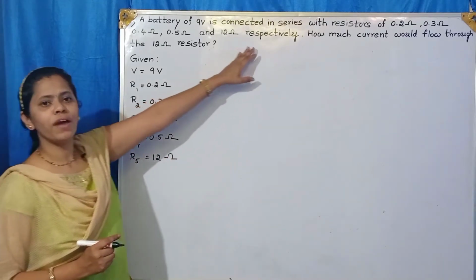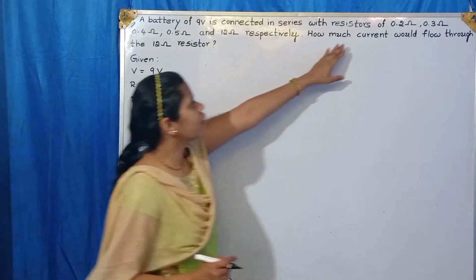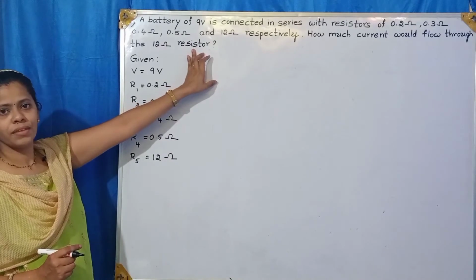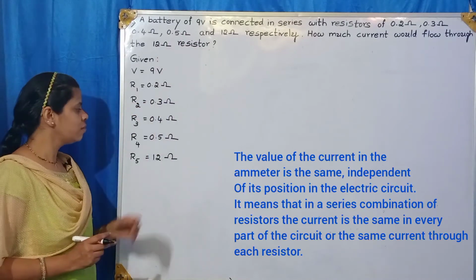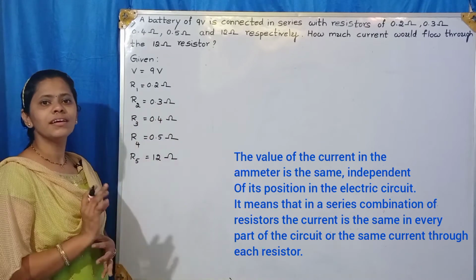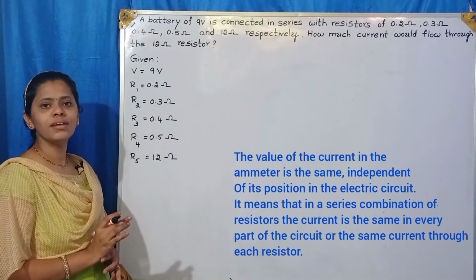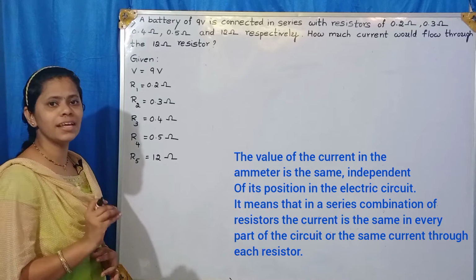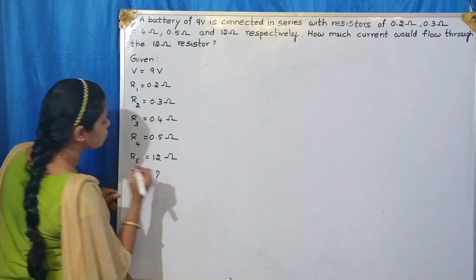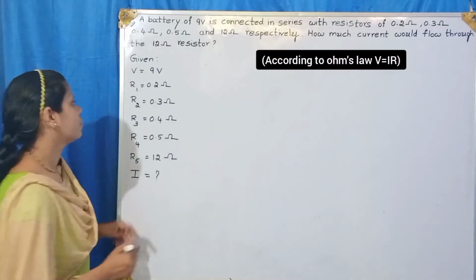And what we have to find out is the current flowing through the 12 ohm resistor. I already told you that the current flowing through each resistor is the same because we connected them in series. Therefore, we find I.